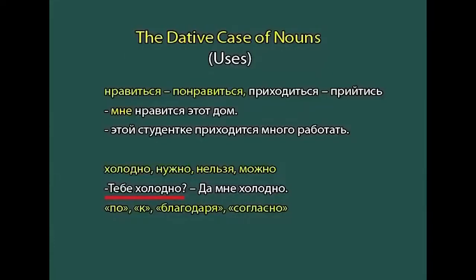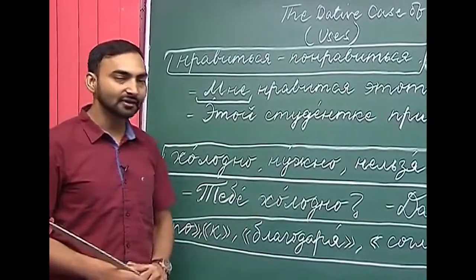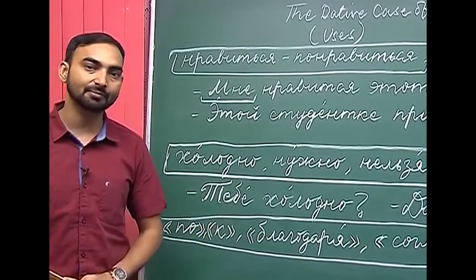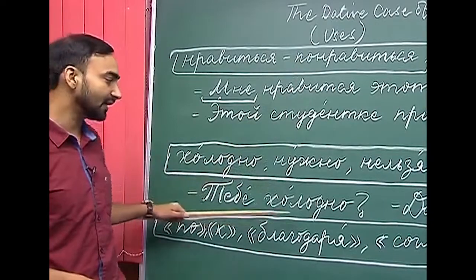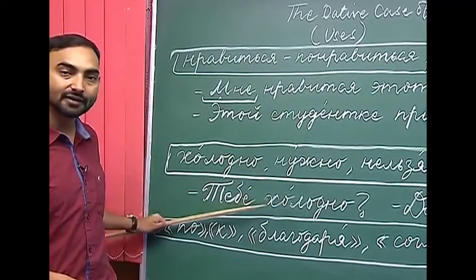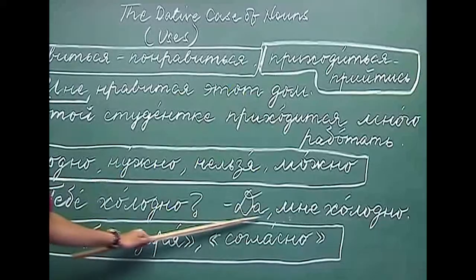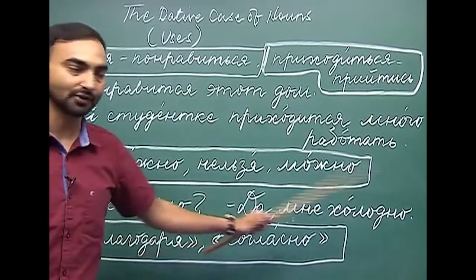For example, tibye kholadna. Again the logical subject is ti, which is the second person singular number, but ti here is in the form of dative case. That is why we are again saying this is the logical subject of this sentence. Da mniya kholadna. Yes, I am feeling cold. So, are you feeling cold? Yes, I am feeling cold.